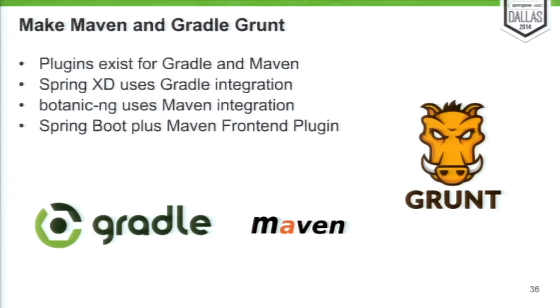On the Spring XD side we're using Gradle, and for my application here I'm using Maven. There are plugins available that allow you to install Node and all the dependencies, the Node dependencies as well as the Bower dependencies. For your build tools they use Node and its dependency management system. Bower is the dependency management for all your JavaScript and CSS dependencies. So it installs all that for you.